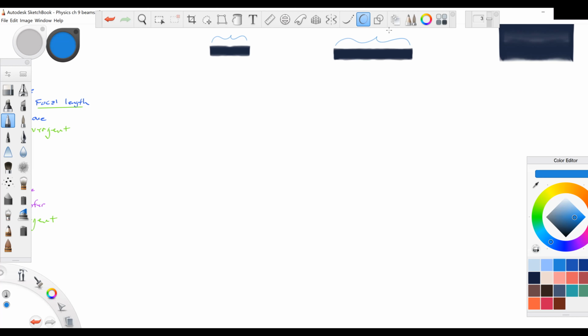Well, I'm going to put a little bit of a cheater here. Diameter, so there's my focus. Okay, well, more or less.